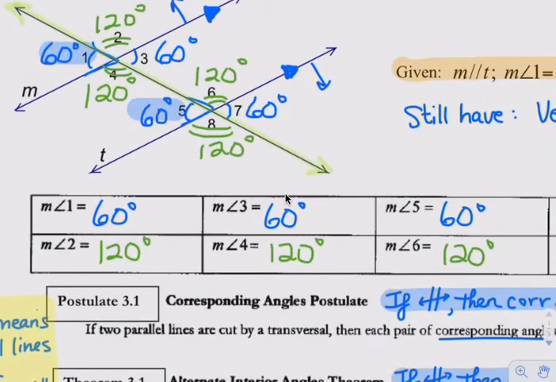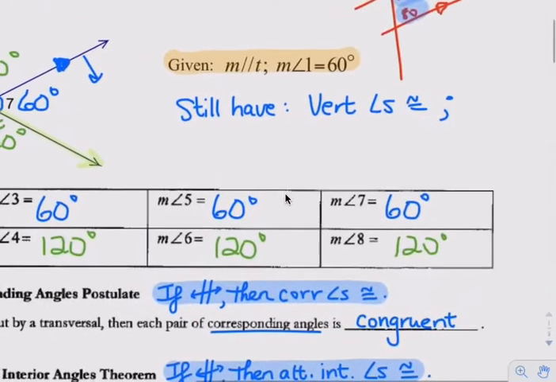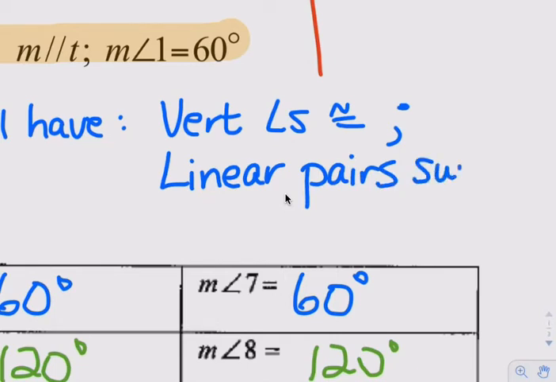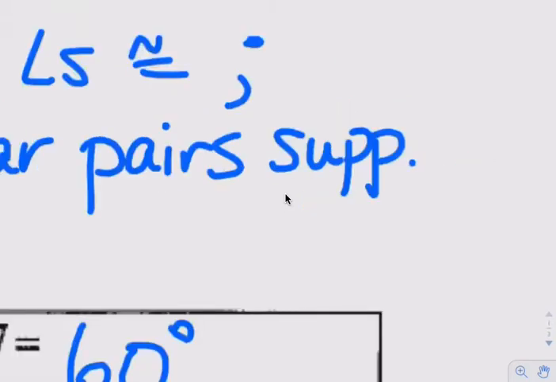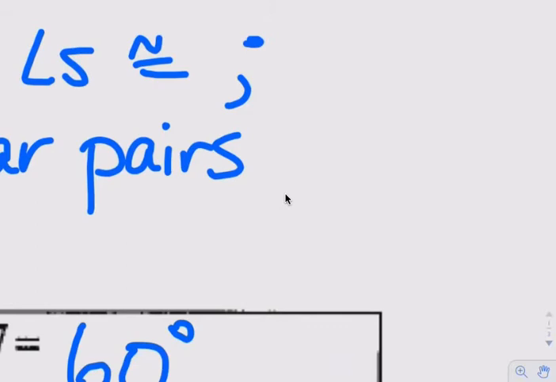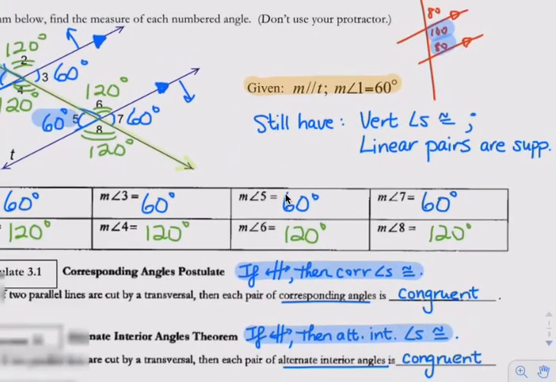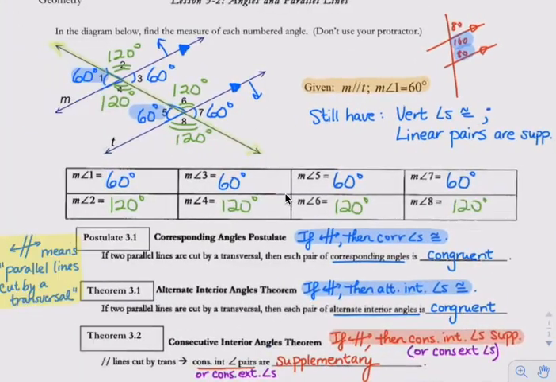A linear pair would be like this one, 7 and 8, and of course linear pairs are supplementary. You still know that linear pairs are supplementary. That does not rely on the lines being parallel. I should say are. Linear pairs are supplementary. So those things are still true even though you have parallel lines now.